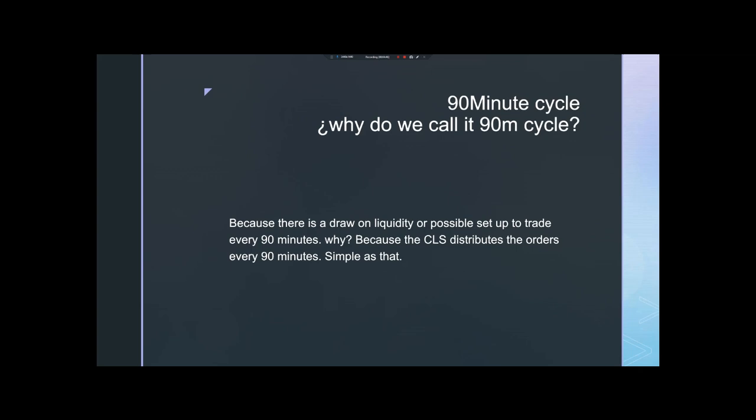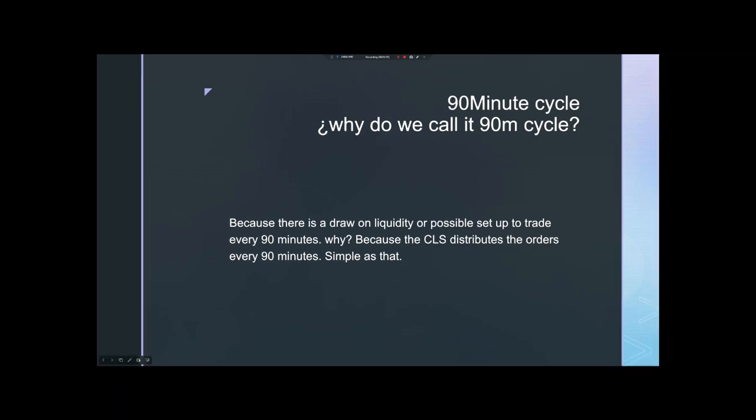So as we now know what the CLS is, let's go now to the 90-minute cycle. Where does it come from? Why do we call it the 90-minute cycle? The simplest answer I can give you is this: because there is a draw on liquidity and a possible setup to trade every 90 minutes. Why? Because the CLS distributes the orders every 90 minutes. Simple as that. Do you think it was going to be harder than this?